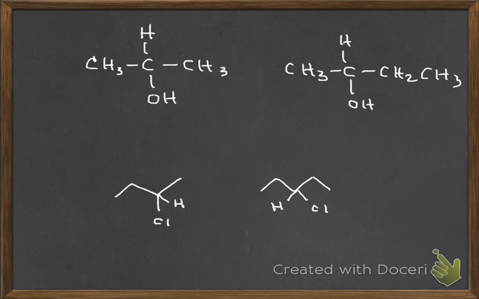Okay, so what we want to determine is whether or not it's chiral or achiral. If you look at that top left molecule, the one that's up here, is it chiral or achiral? The rule is chiral means 4 different groups.